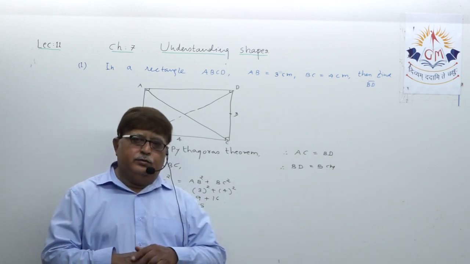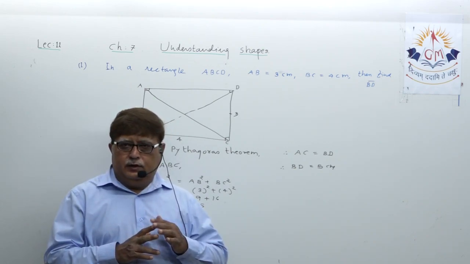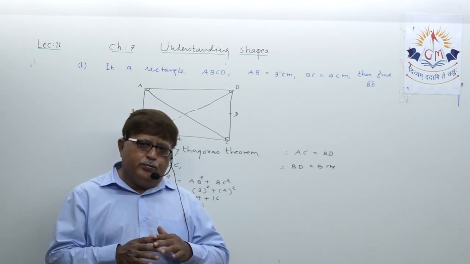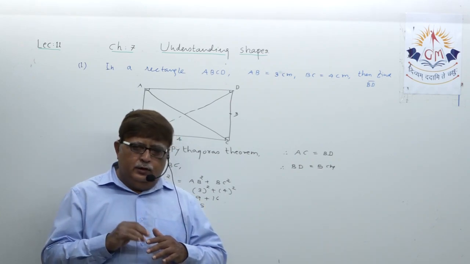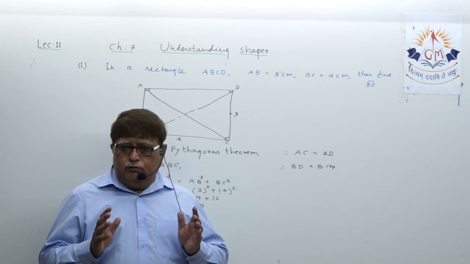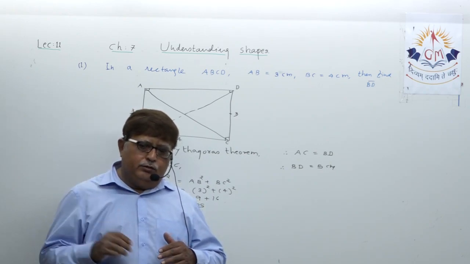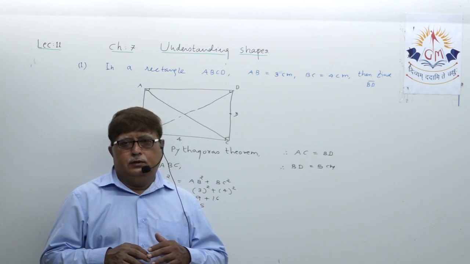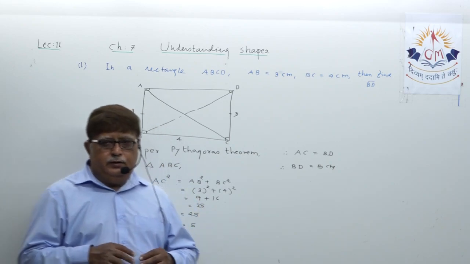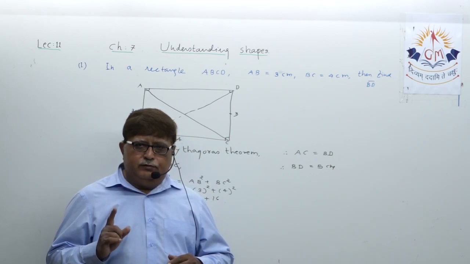Why am I speaking about properties of rectangle again and again? The reason is I am reiterating the properties to implant in your mind all those properties of rectangle which are going to be very useful. That's why the sum up of the 5: first, opposite sides are parallel.